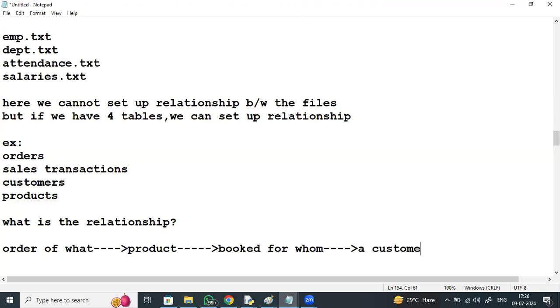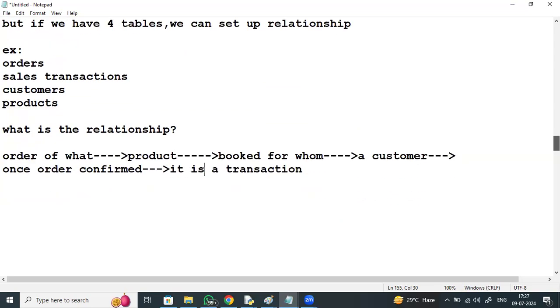Customer. Once the order is confirmed, it is a transaction.